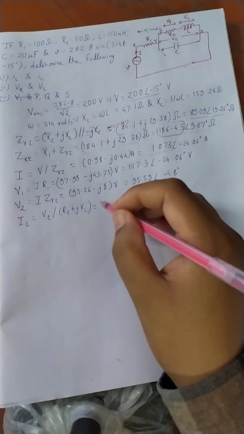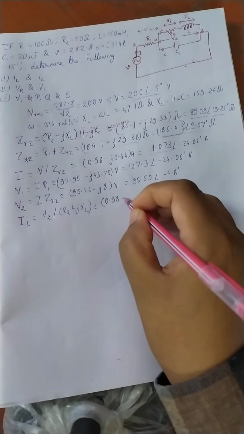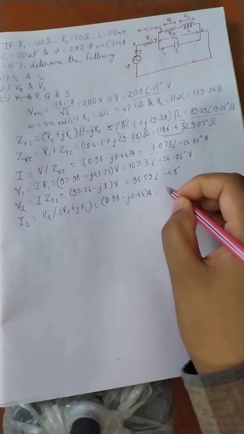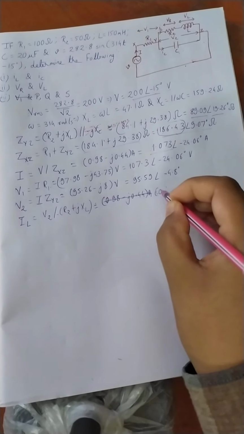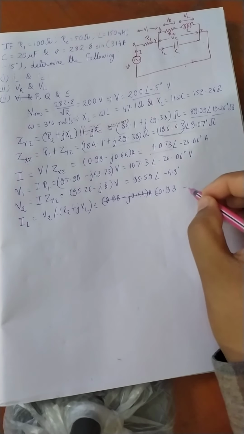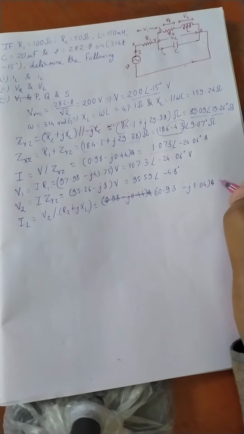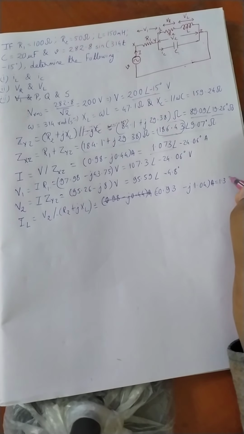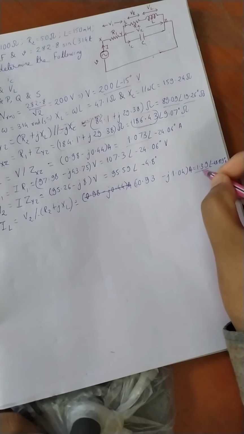Now if we put all the values and simplify, this I_L would come to be 0.93 minus j 1.04 ampere, which is equal to 1.39 angle minus 48.09 degree ampere.